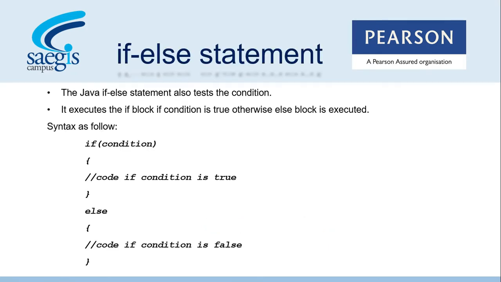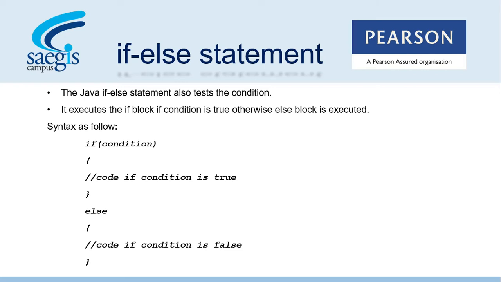So next we have the if else statement. If we need to execute something if the condition becomes false, then we can add this else statement. This else statement is optional.